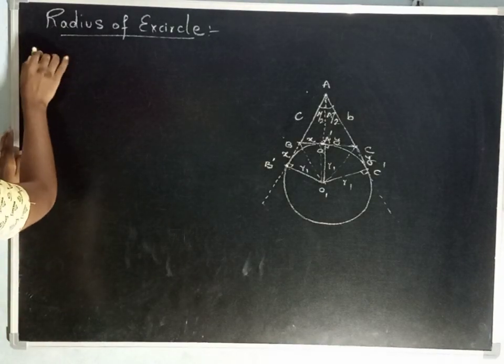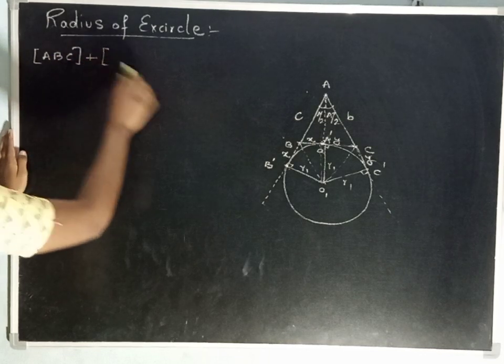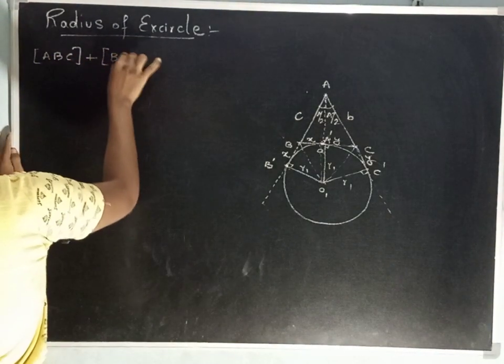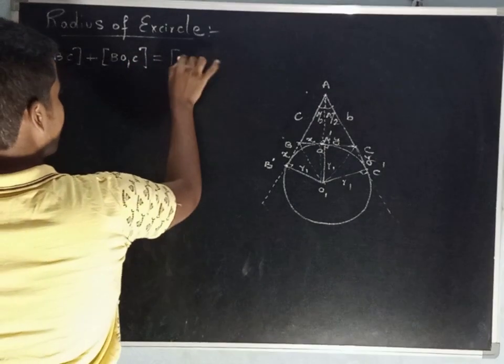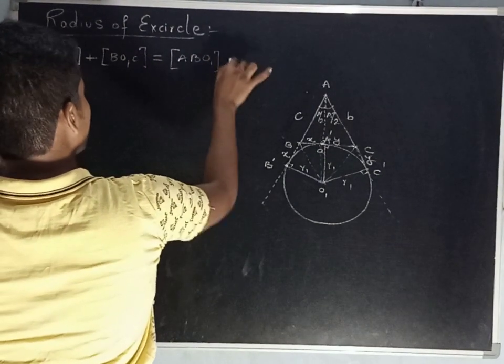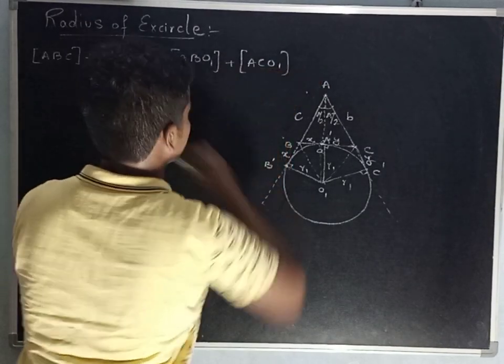Now, area of triangle ABC plus area of triangle BO1C is equal to area of triangle ABO1 plus area of triangle ACO1.